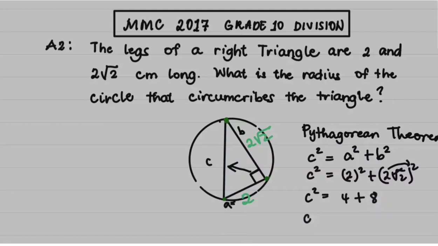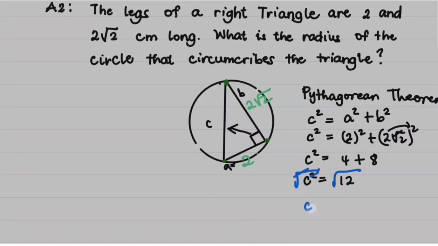Now, c squared is equal to 12. We take the square root on both sides so that we can remove the exponent. So now our value of c will be 2 square root of 3.